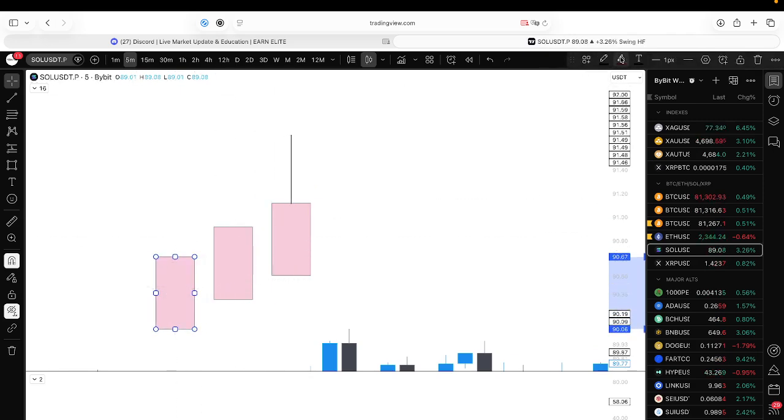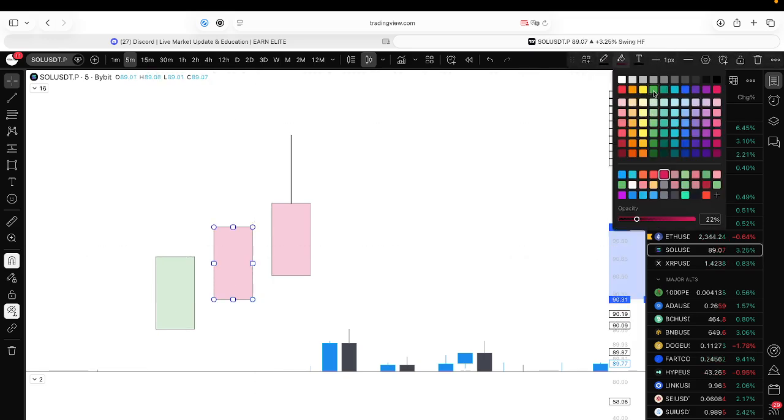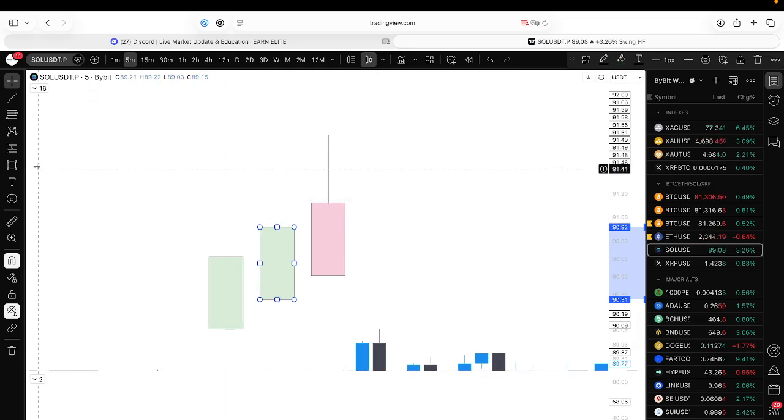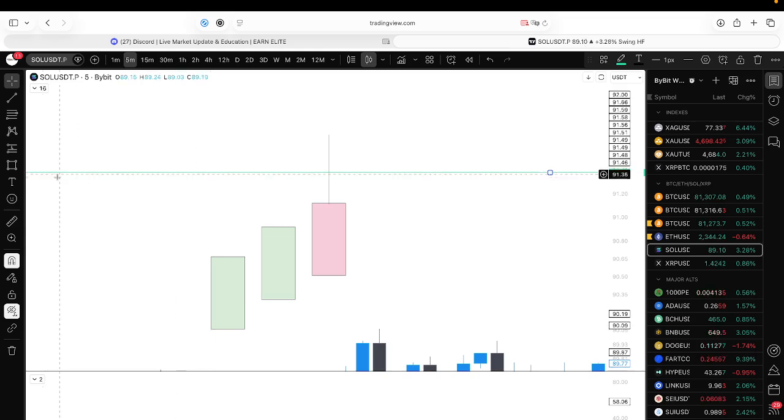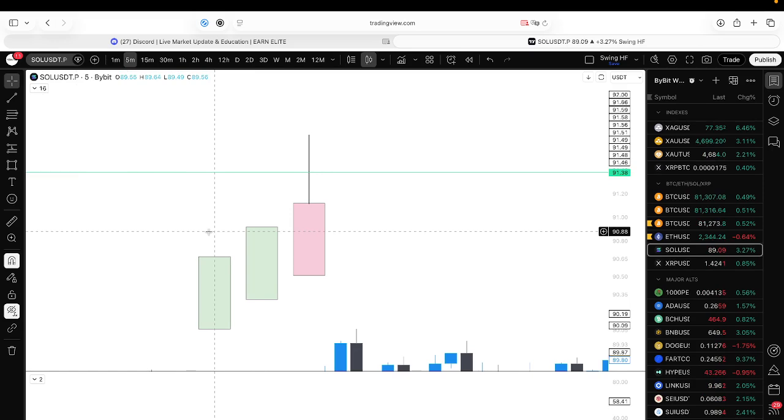This must be green. This must be green. Then we have another high on the left side here. Let's imagine with the high on the green line I just drew. So the thing is that on the footprint, you can see the buy and the sell on the right and left side.